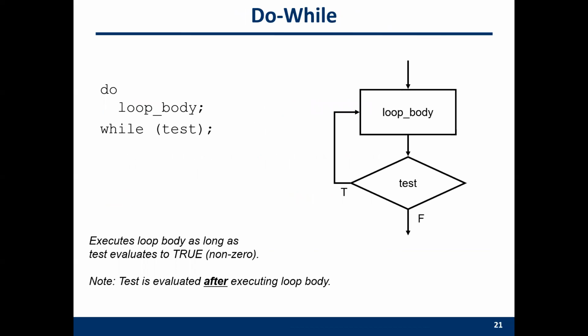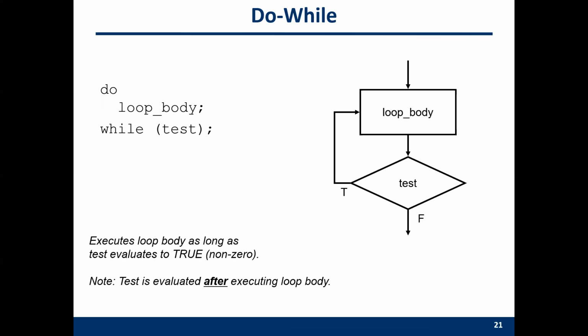So this is a do while loop. Do while loop means you don't evaluate any condition first. You just run the loop body once, and then evaluate. At the end of the loop body, if some condition holds, then you have to go back and run the loop again. Otherwise, you can stop.